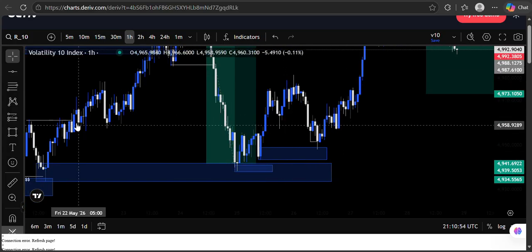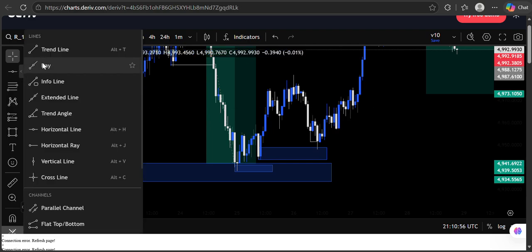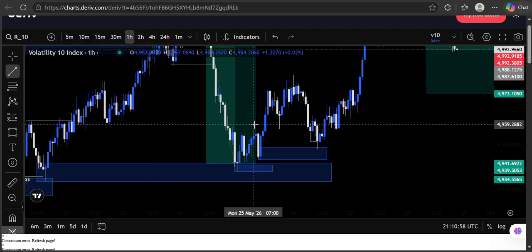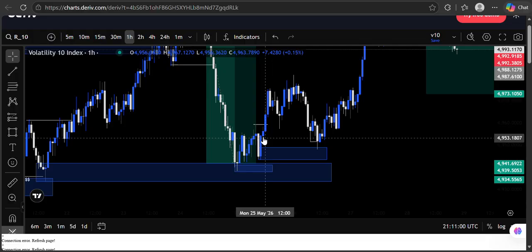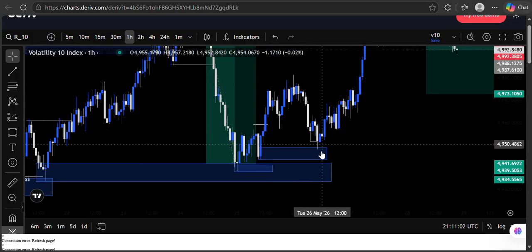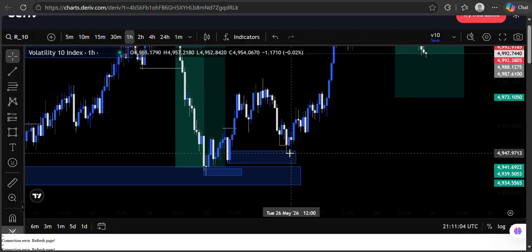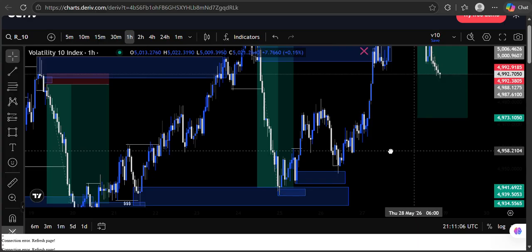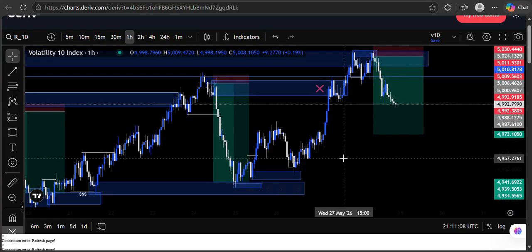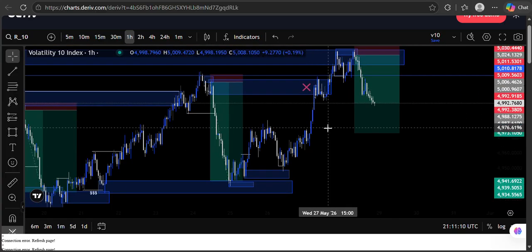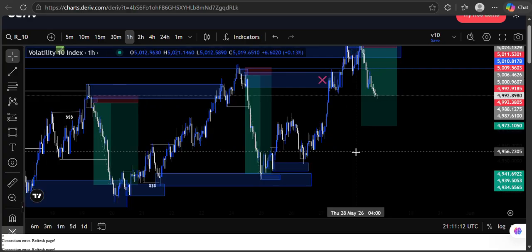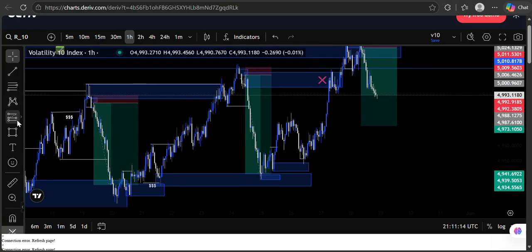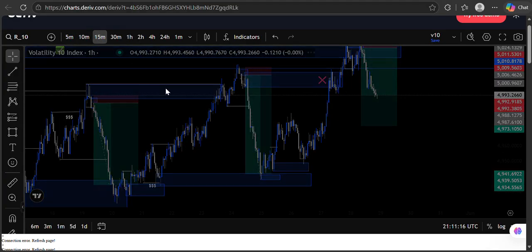After this break of structure caused by this particular zone, price came in and tapped into our zone. The moment price tapped into our zone, we came down to a lower time frame to look for our entry. Let's come down to a 15-minute time frame to see if we would have gotten any entry.